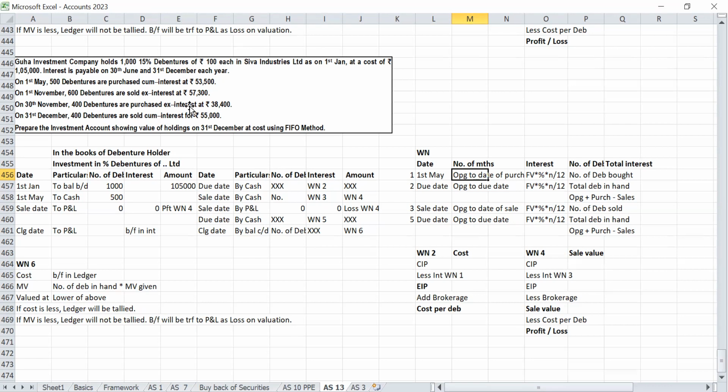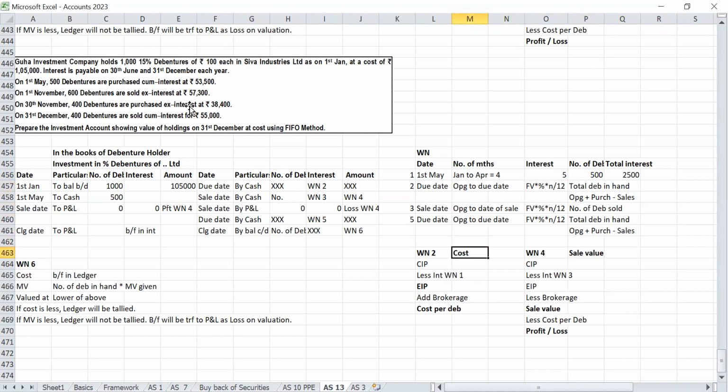Correct? Yes, sir. 100 into 15% into 4 by 12. How many debentures bought? So 500 into 5, so 2,500 will be the total interest. Correct?